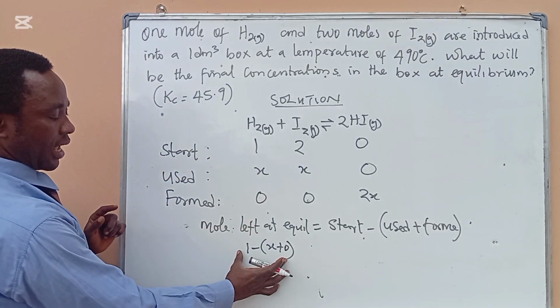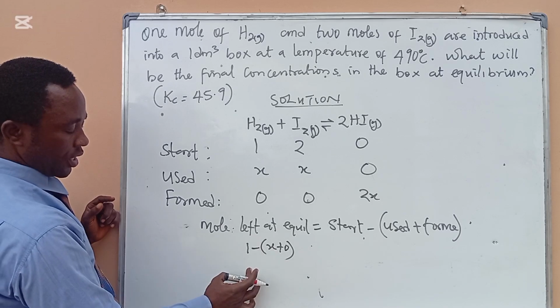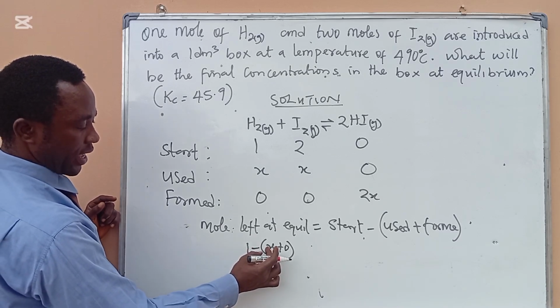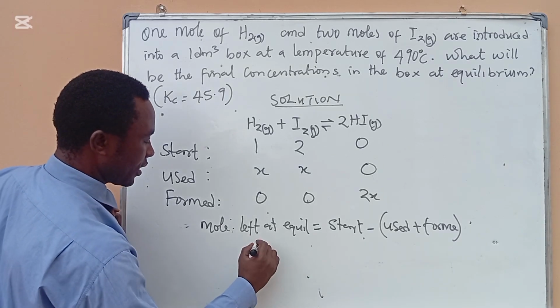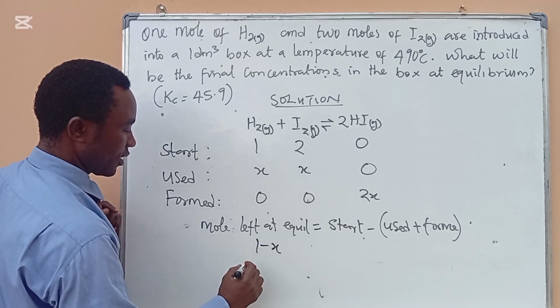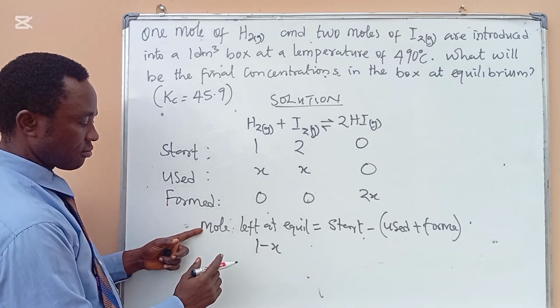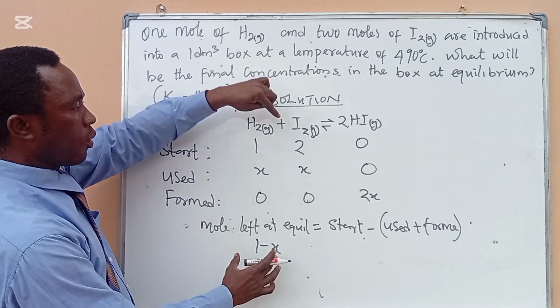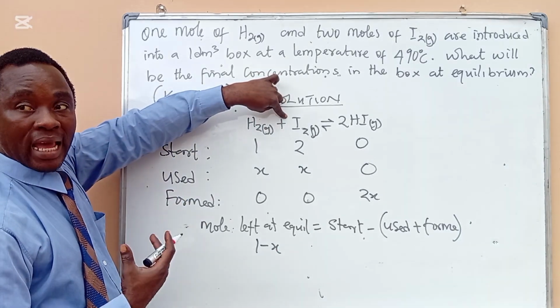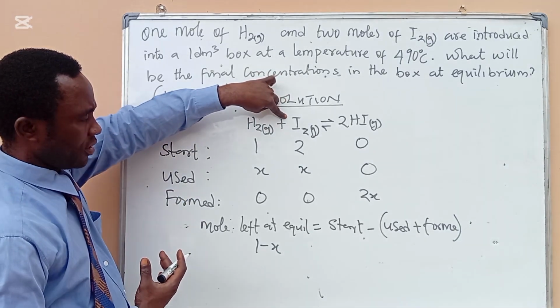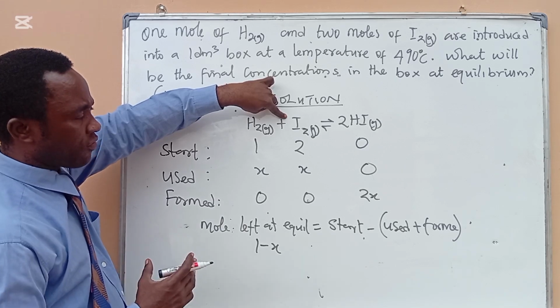So for hydrogen, it is 1 minus X plus 0, which is 1 minus X. That will be the amount that is left for hydrogen. When we come to iodine, what will be the amount that is left at equilibrium for iodine?